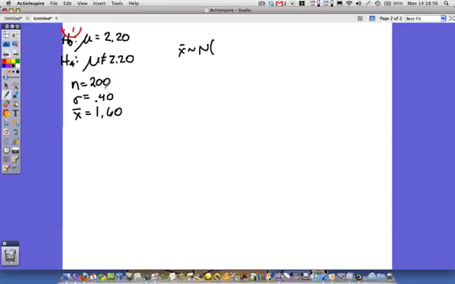Since the conditions are true, X bar is normal. Remember, in a hypothesis test, we assume that H naught is the truth. If H naught is the truth, then the sample mean should be normal with the same mean as the null hypothesis. The standard deviation is 0.4, sigma over square root of n, 200.